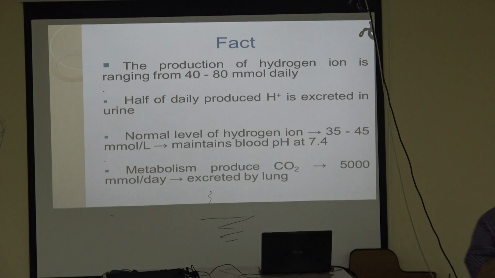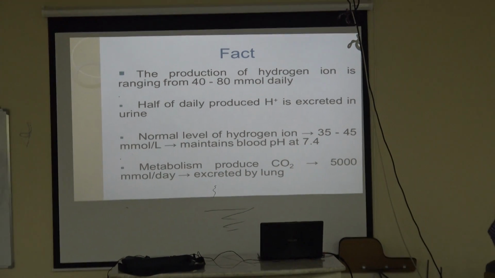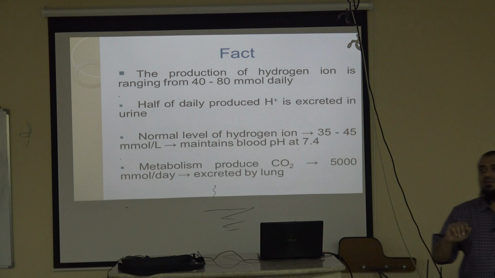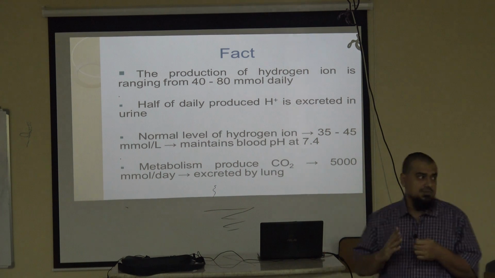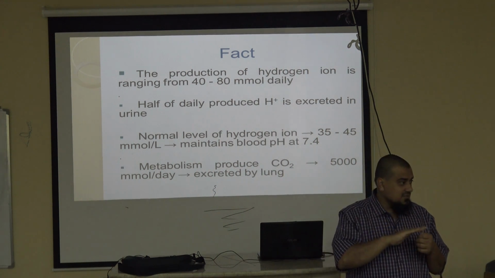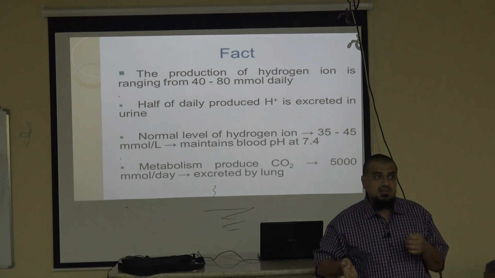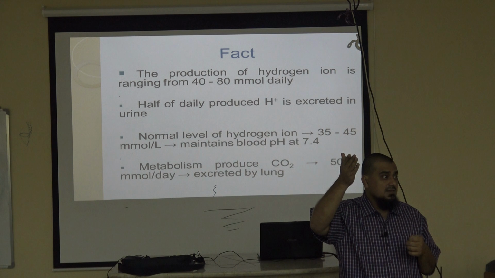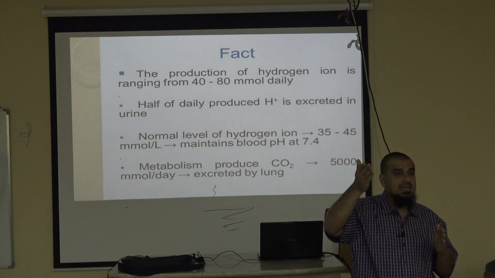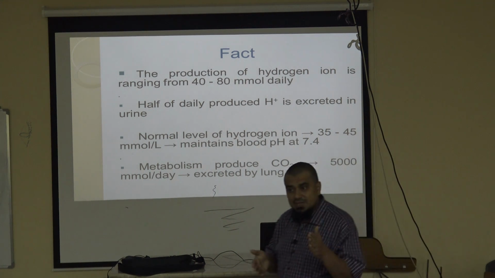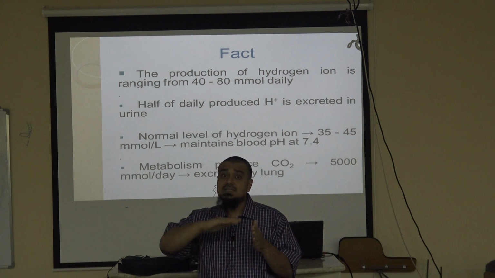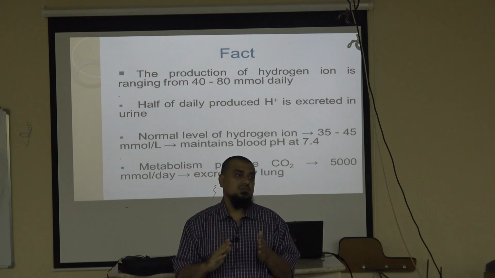The second important point, I told you this is a negative log. Negative log means there is an inverse relationship between pH value and the hydrogen. It means when the hydrogen concentration increases, the pH will decrease. So a drop in the pH indicates an increase in the hydrogen.